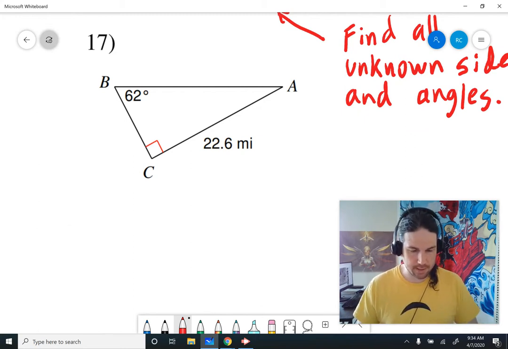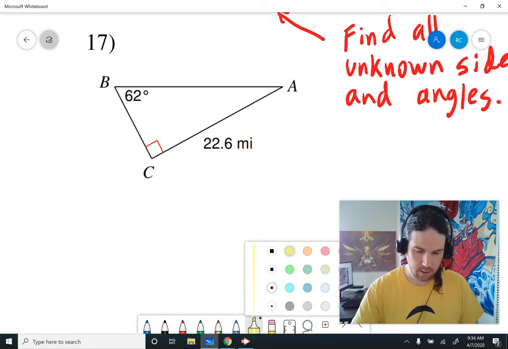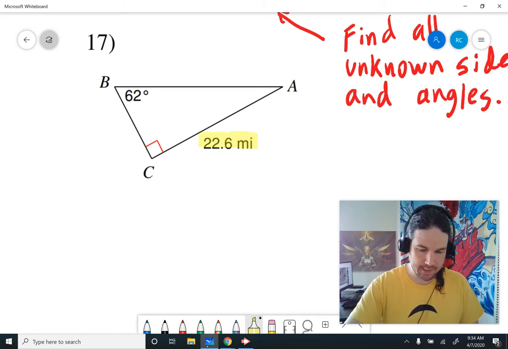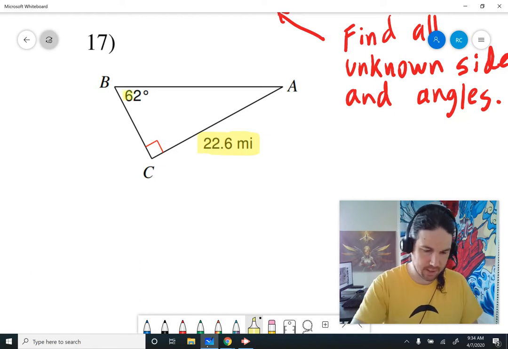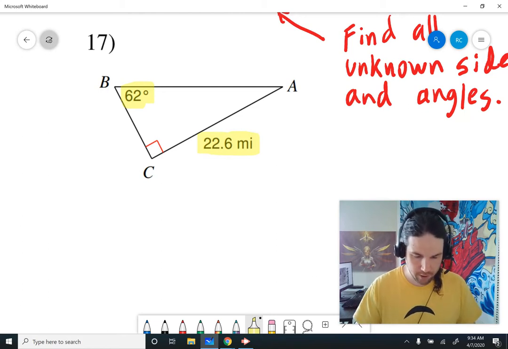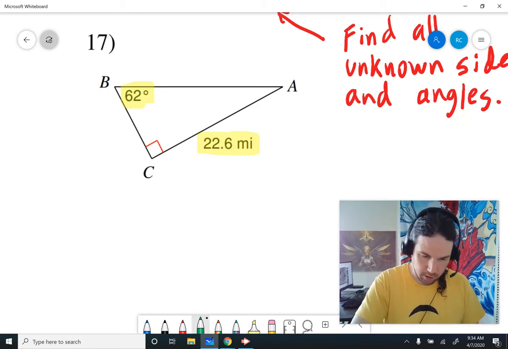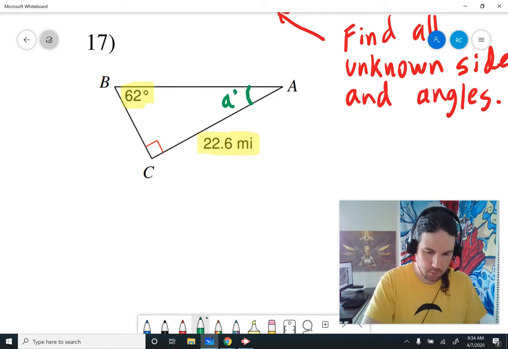So let's see. We've got this 22.6 miles, and we've got this 62 degrees. So what we're looking for, and I'm going to go ahead and mark them, we're looking for this angle. I'll call it A degrees. We're looking for the hypotenuse, which I'll call little c.